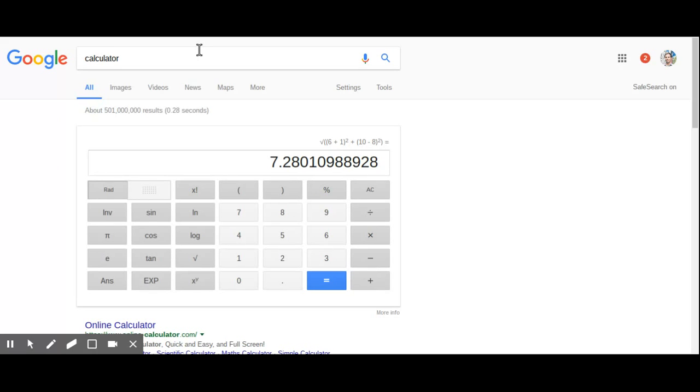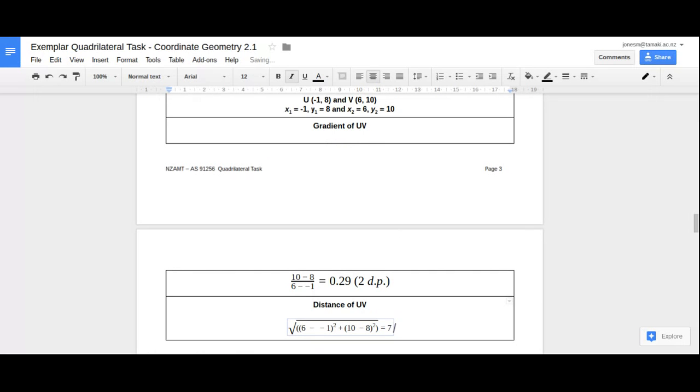So our answer is 7.28, and that is 2 dp.